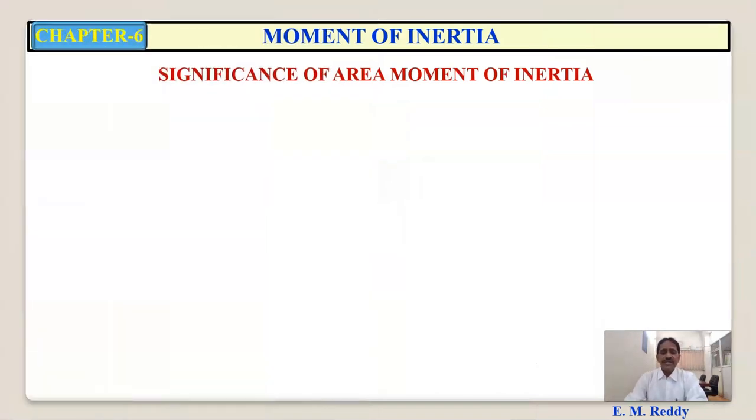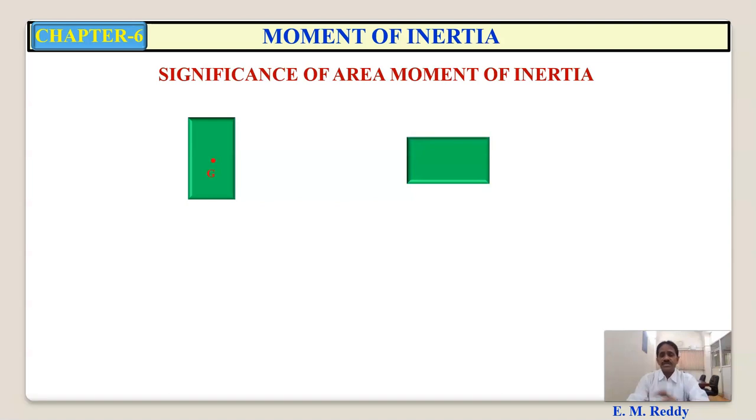Now what is the significance of area moment of inertia? Where it is used? Let us consider a rectangular section. So there are two sections, rectangular sections, but the orientations are different. So here it is kept in a vertical position, here it is kept in horizontal position. But the total area of these two sections is same.